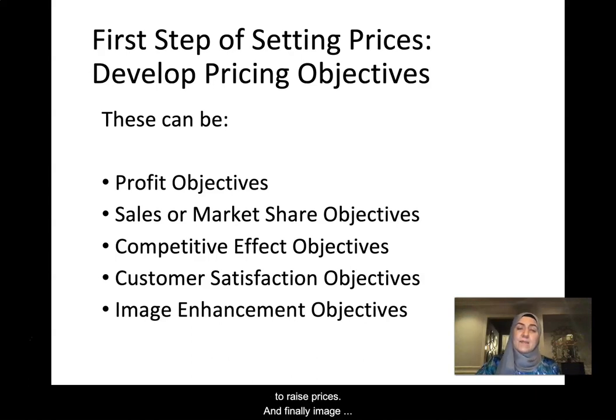And finally, image enhancement objectives. Sometimes companies do raise prices needlessly to give their products a certain prestigious appearance or prestigious appeal. And think about the ethical implications about that. It's controversial. You might have thoughts one way or another.